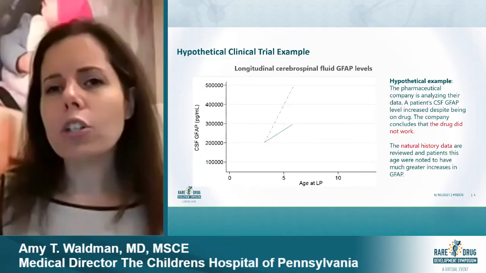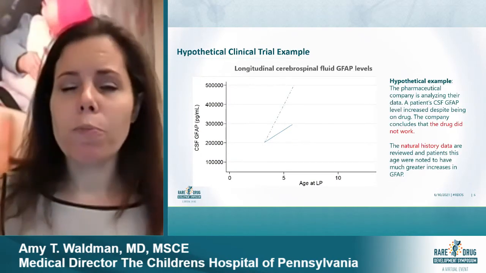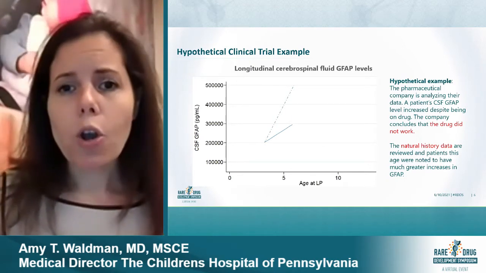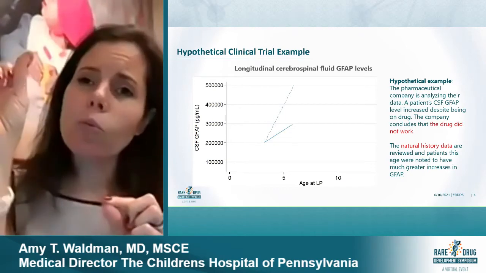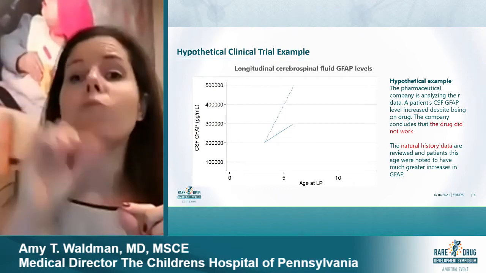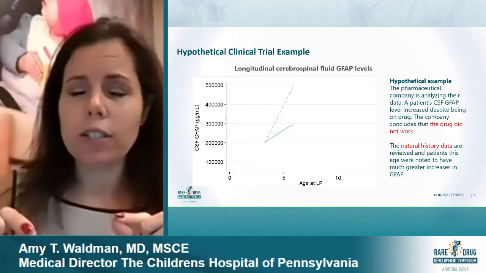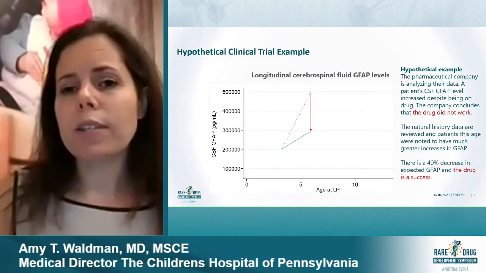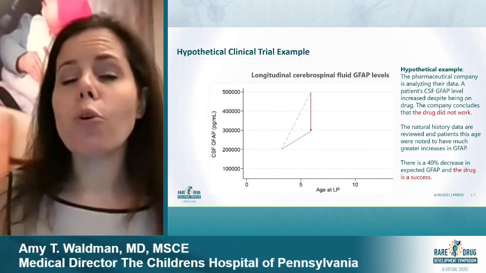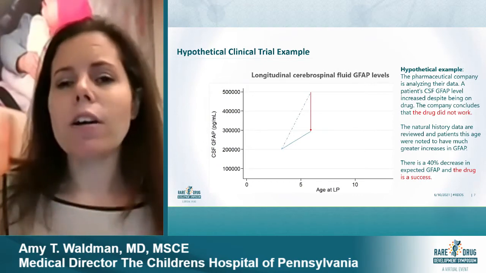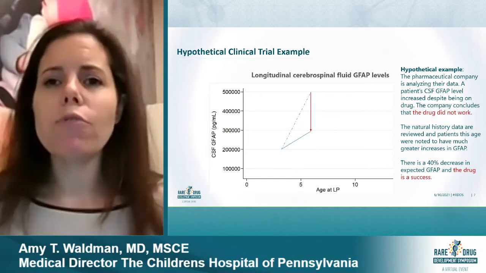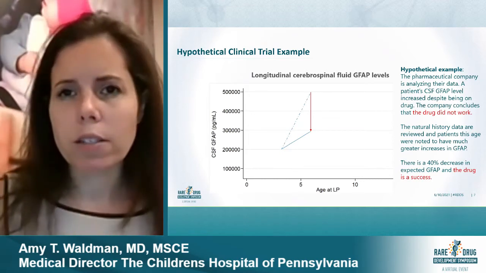But if we actually look at our natural history data from people who had put their child through an LP for the purposes of research, we see that the expectation was actually that their GFAP level would have gone much, much higher than it actually did when given the clinical trial drug, which really represents a decrease of 40% in the amount of this abnormal protein, and hopefully it continues to decrease further, and then we say the drug is a success.